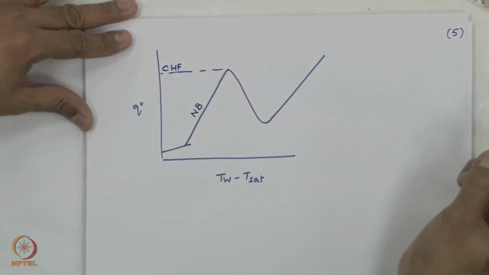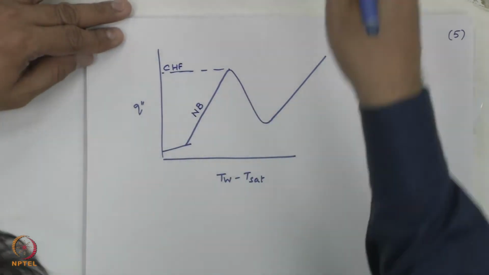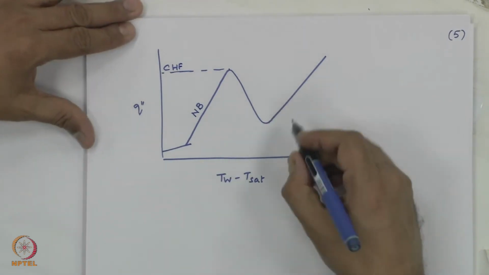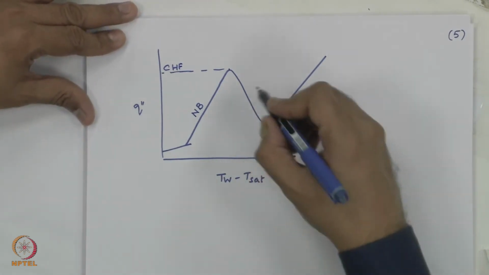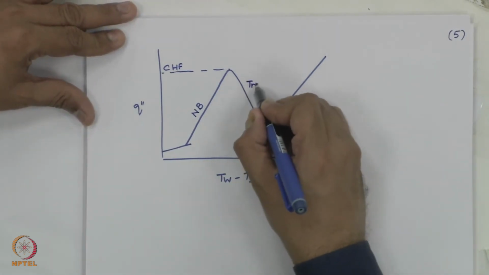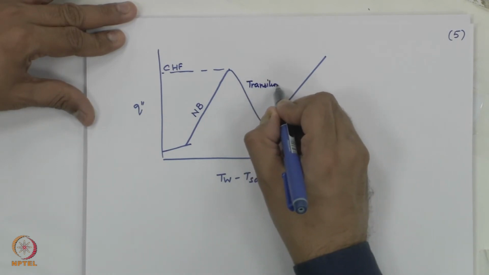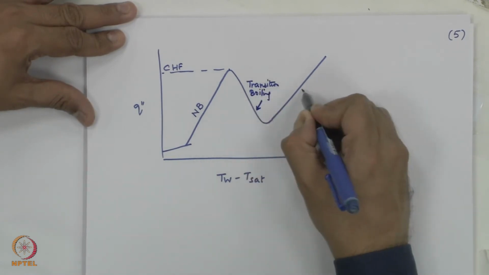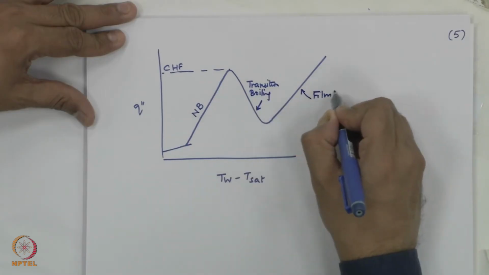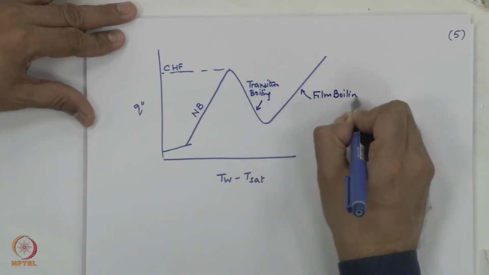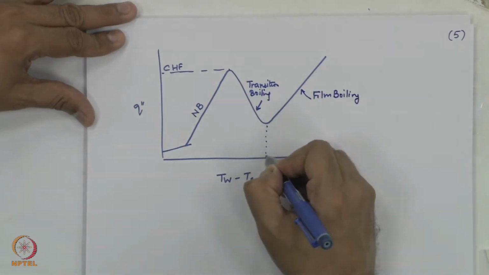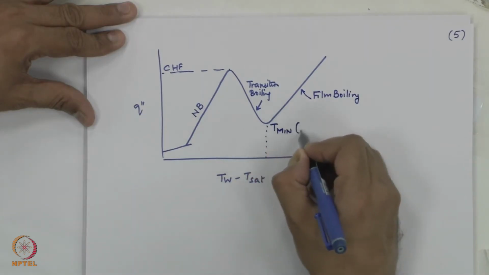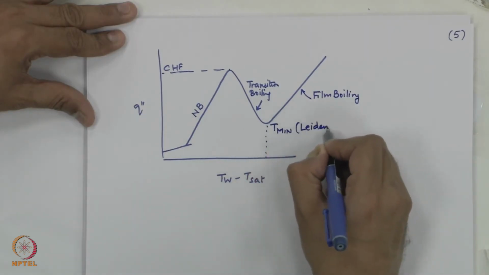You know now it is not a mechanism, it is a manifestation of two different types of mechanism, either of which could be there. This is called transition boiling and this is called film boiling. This is the Leidenfrost temperature or T min, the Leidenfrost point.